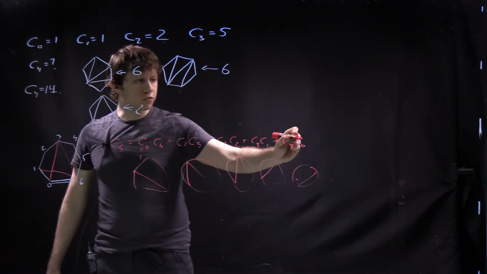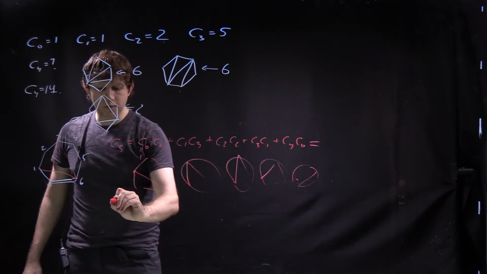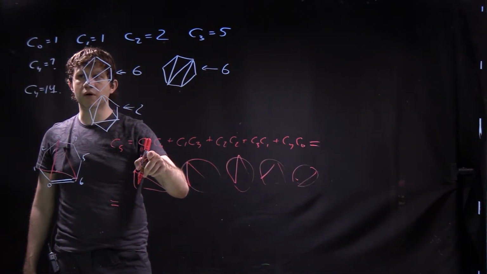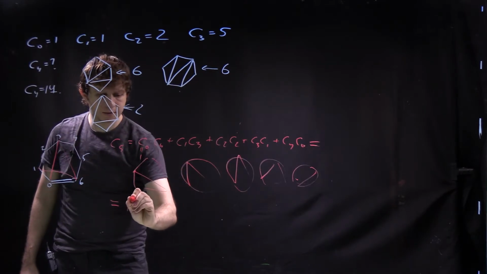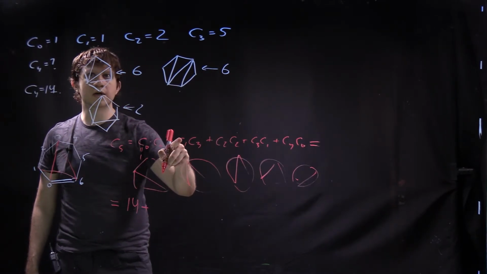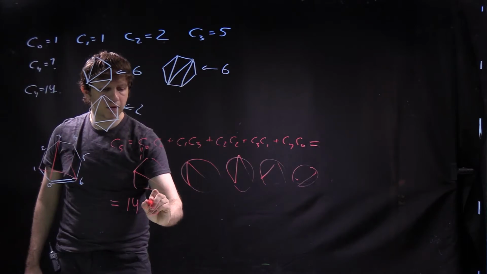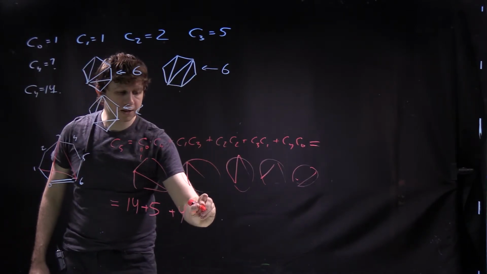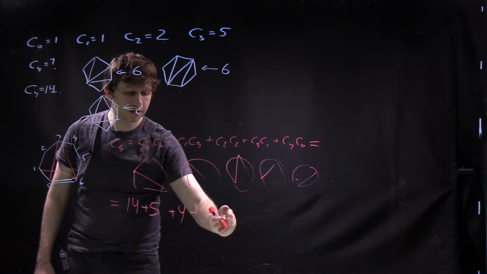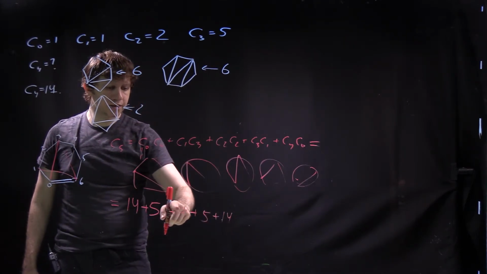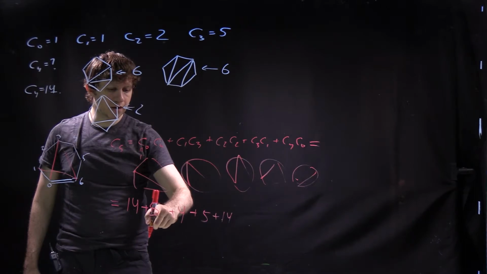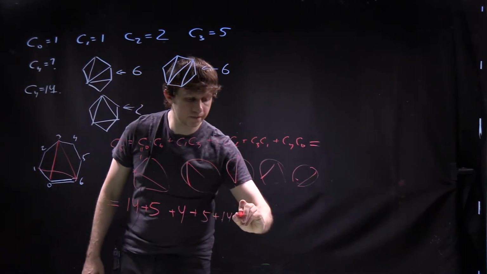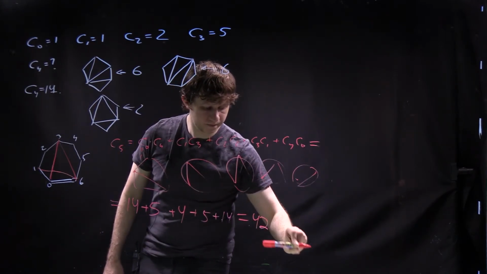And if we now compute it, this will give us C0 C4 is 14, plus C1 C3 is 5, plus C2 squared is 4, plus 5 plus 14, and this is 38, 40, 28, 38, 42.